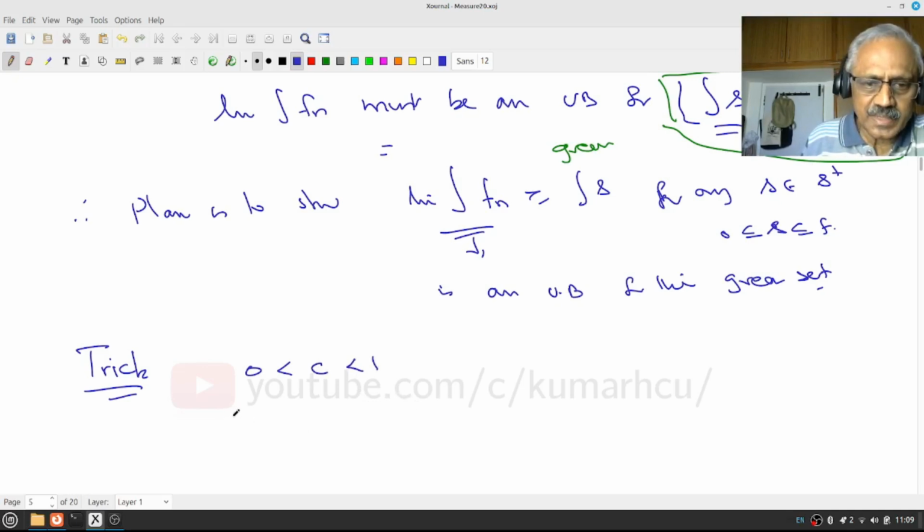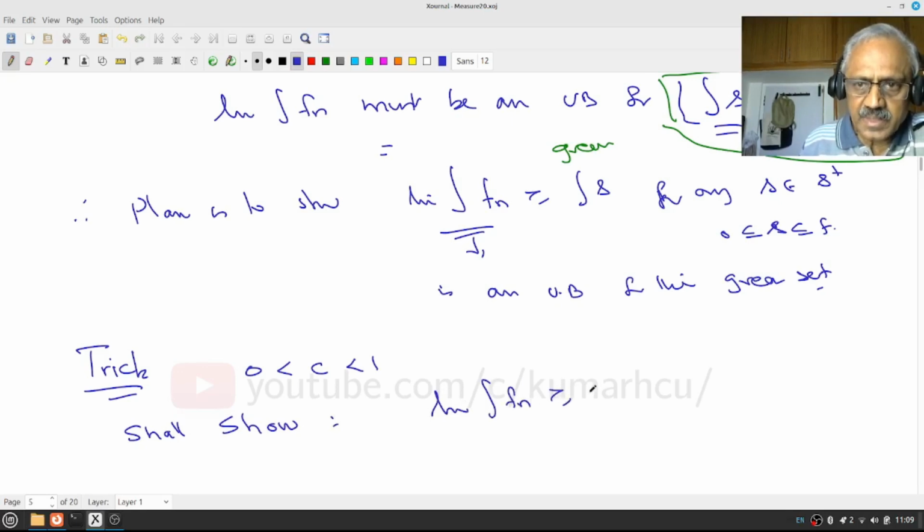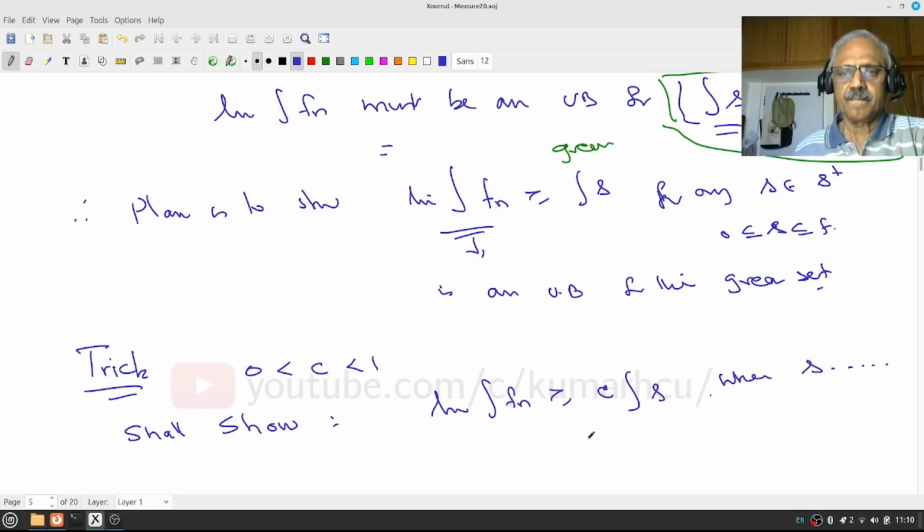We shall show that limit integral f n is greater than or equal to c times integral of s, where s is as above, where s is a non-negative simple function which is less than or equal to f.